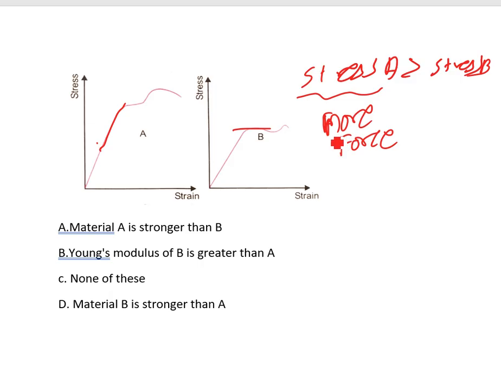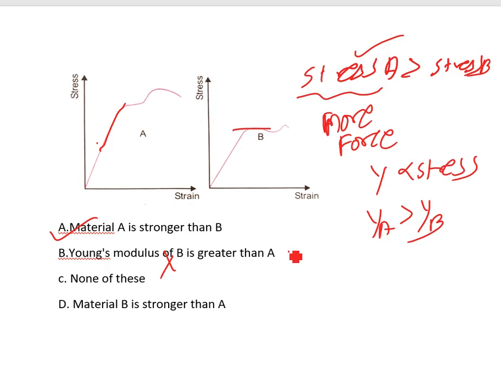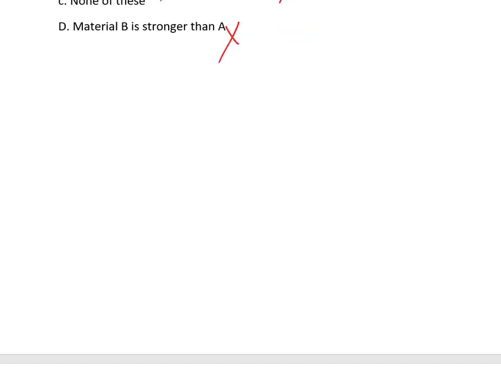So its answer will be A can withstand more, or you can write A is stronger than B. The other option is not possible because Young modulus is directly proportional to stress. As stress of material A is more, Young modulus of A is more than Young modulus of B, so this is not possible. This one is also not, because stress is more for A, so the answer is material A is stronger.